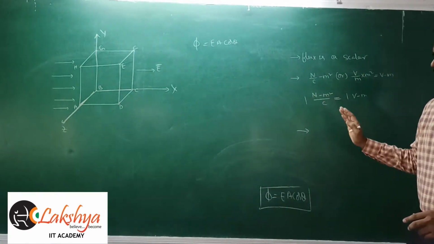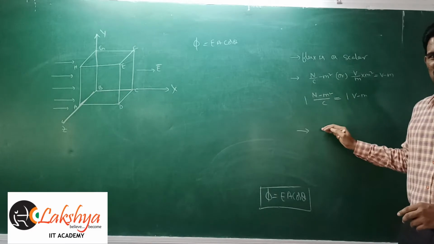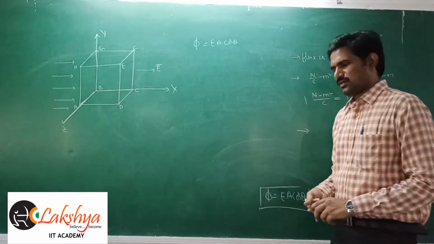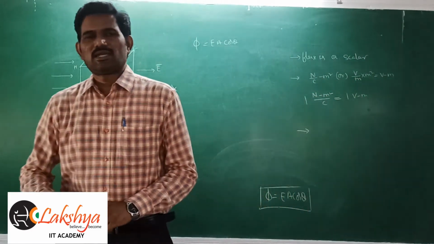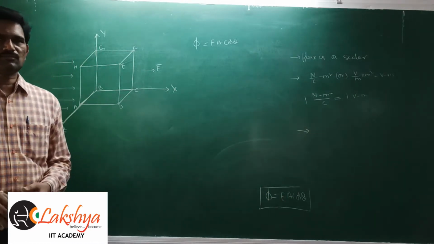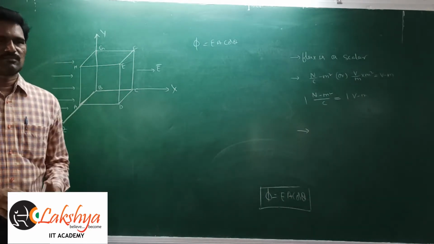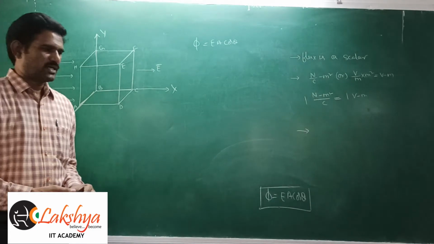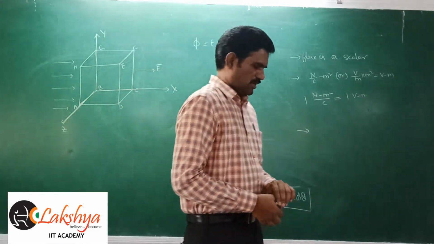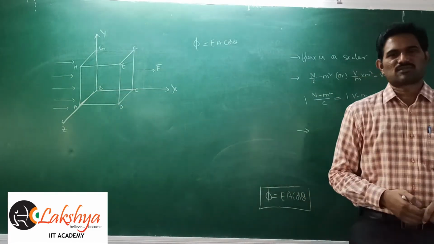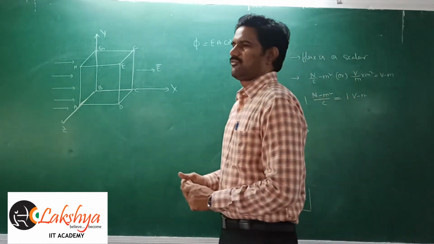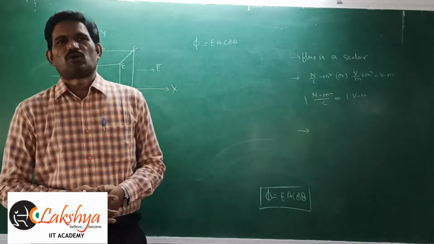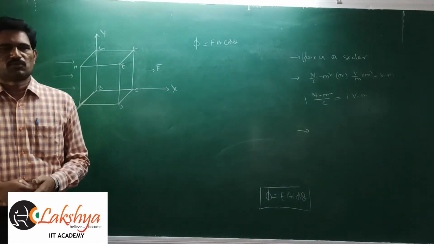Here we consider area as a vector whose direction is always normal to the surface at the given point.